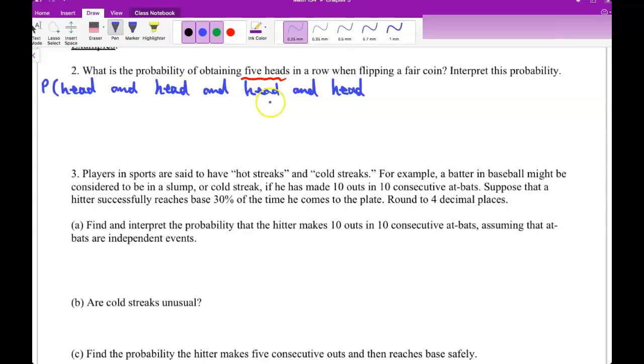So we have 1, 2, 3, 4, 5 heads. That is equal to multiply each one.